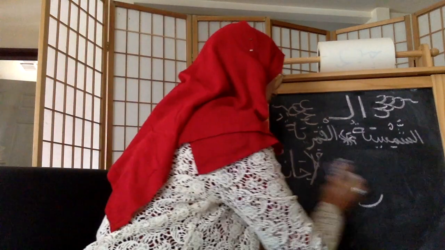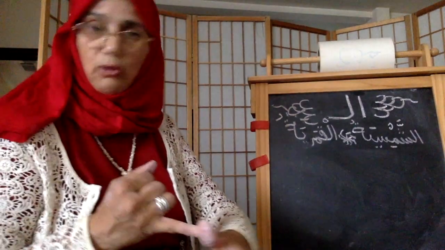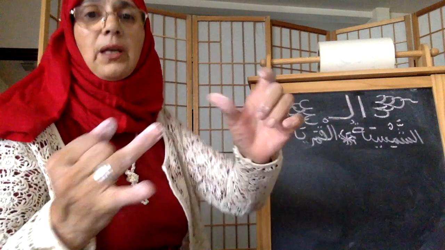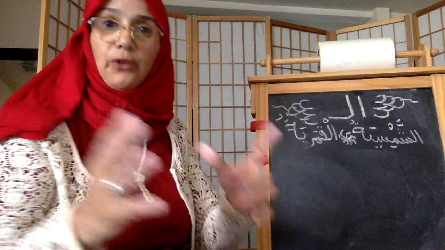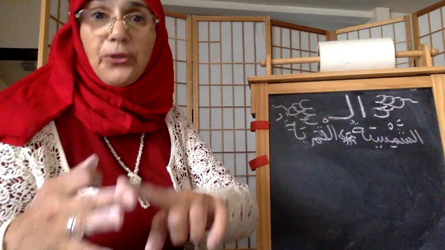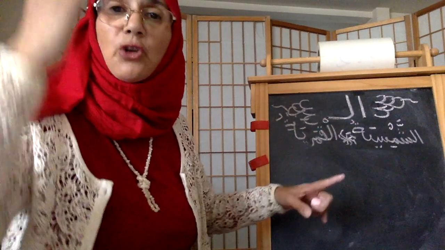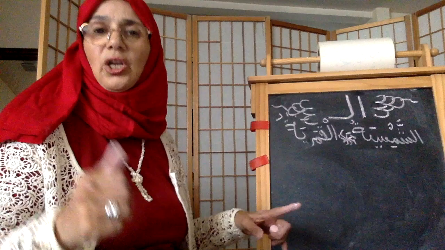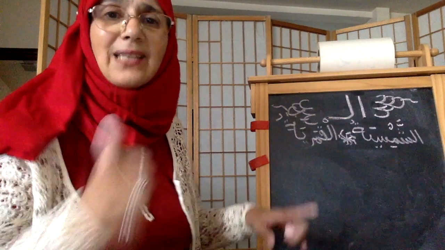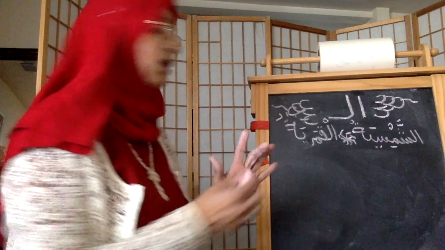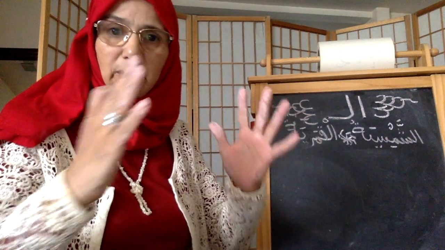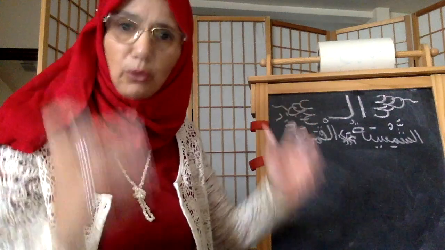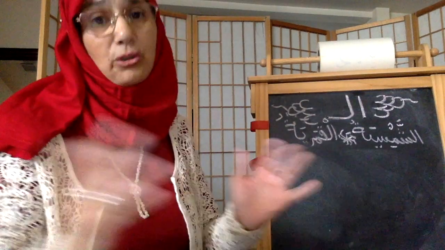So we said that the first condition is that it should be at the beginning of the kalima. Number two, it should be in a name, not a verb. The third thing, it should have no hamza. The fourth and last condition, it shouldn't be a part of the original huruf of the kalima, it should be extra.